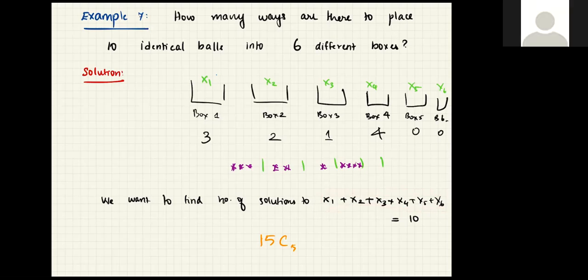So then I want to find the number of solutions to x1 plus x2 plus blah blah blah plus x6 equal to 4, but they are non-negative. Okay, so you just have to subtract 6 from this side. I'll try that. Yes, sir.